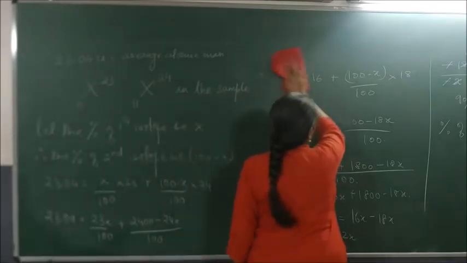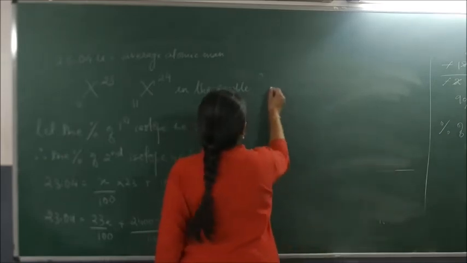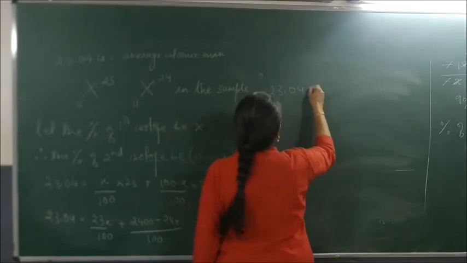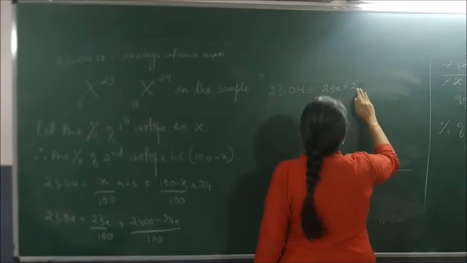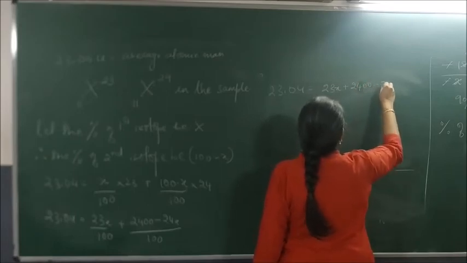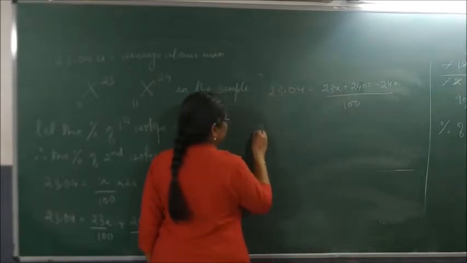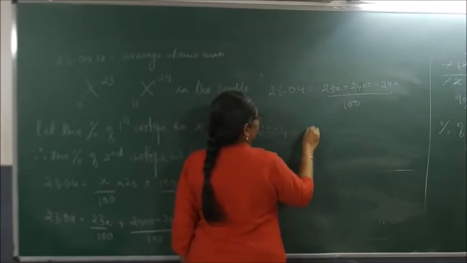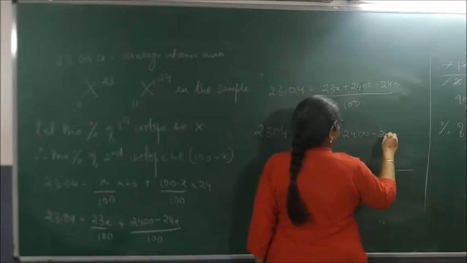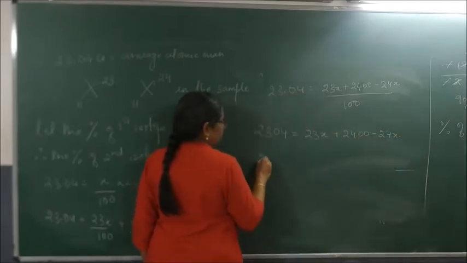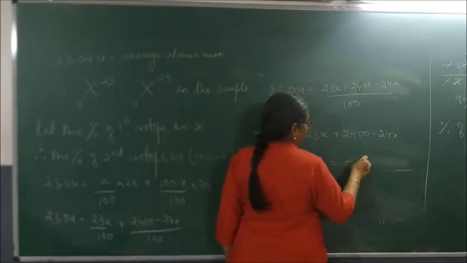This can be written as 23.04 is equal to 23x plus 2400 minus 24x by 100. So you get 2304 is equal to 23x plus 2400 minus 24x. So 2304 minus 2400 is equal to minus x.